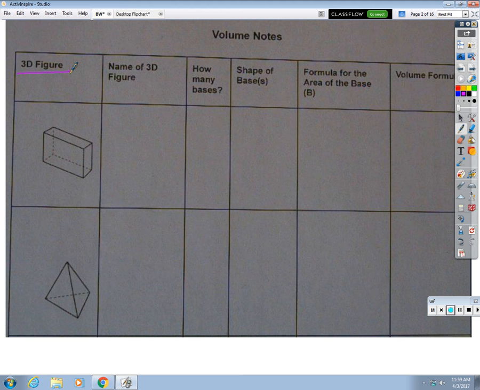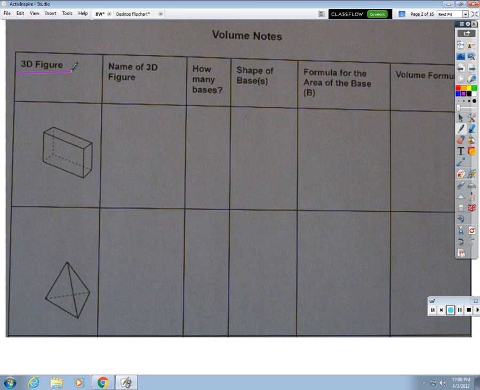Then on the next column it says name of three-dimensional figure. So we're going to look at the figure and then write down the name of the figure. We are also going to highlight the base or bases of the figures, and then determine how many bases there are, then what the shape of the base or bases are. Then we're going to look at how to find the area of the base, and then our volume formula.